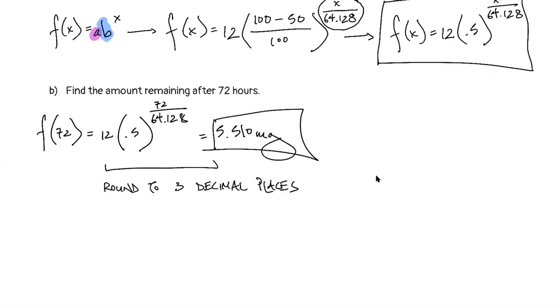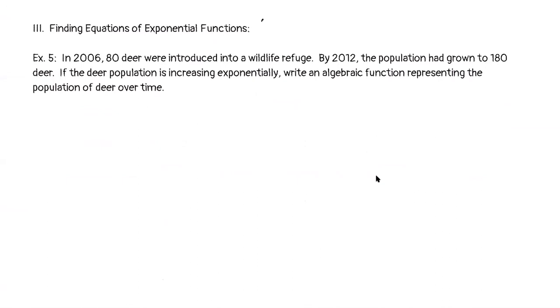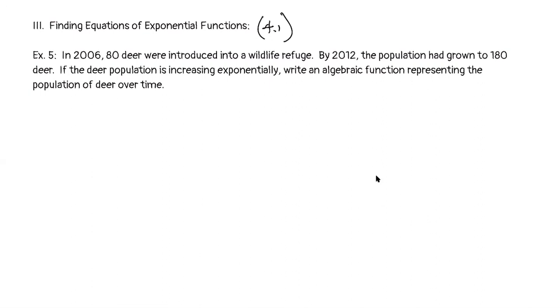All right, so let's finish off 4.1. So this part goes back to 4.1, okay? All right, so sometimes we want to write an equation, but they don't give us percents.